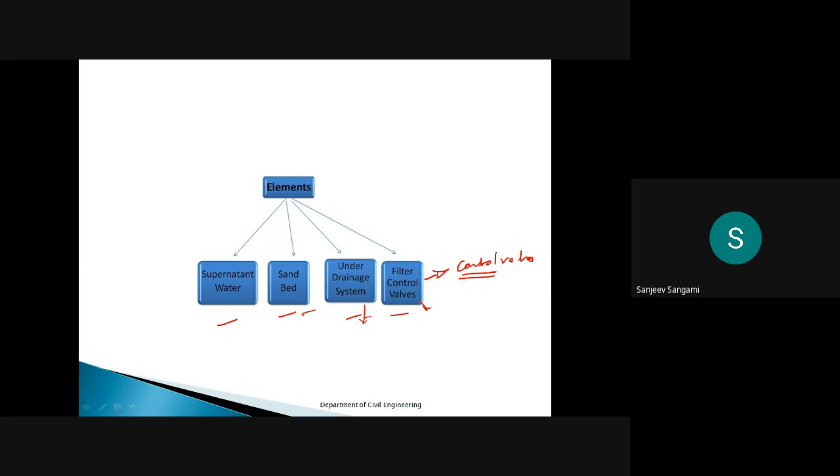The first one is the supernatant water. Second, the sand bed. Third, the under drainage system. And fourth, the filter control valves.